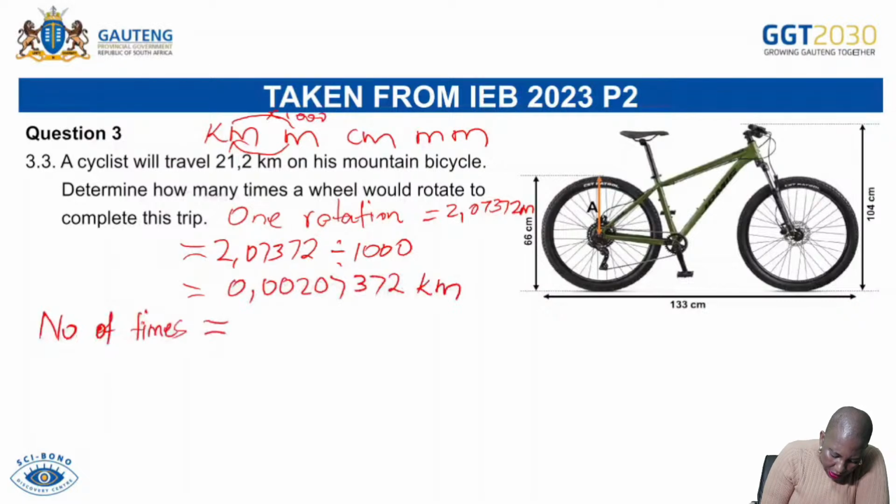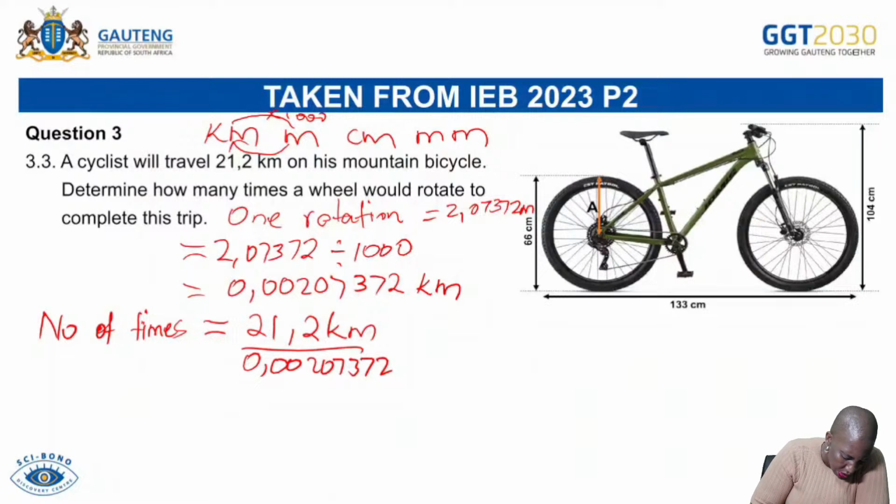So now, to determine the number of times the wheel will rotate, I'll just write it like this: 21,2 kilometers divided by 0,00207372.